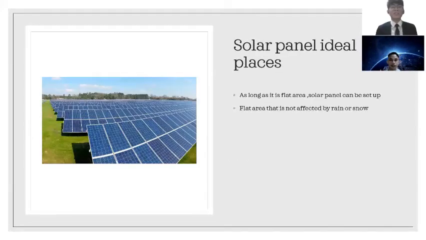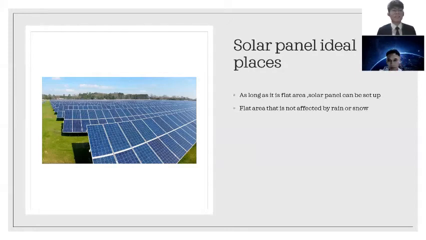In order to fully utilize this renewable sunlight energy, the solar panels should be placed in wide and flat areas so that the surface area can be used to the maximum, so that the electricity can be converted to the maximum level.